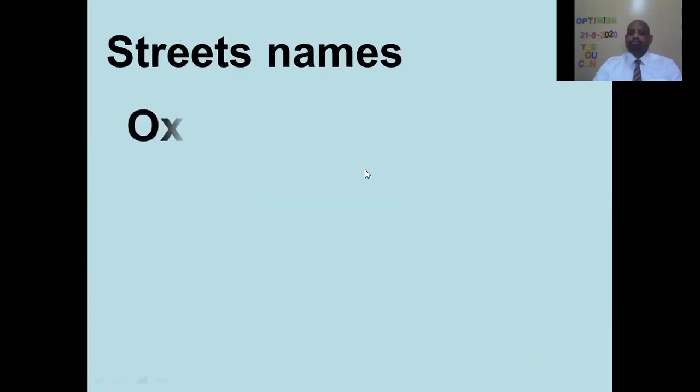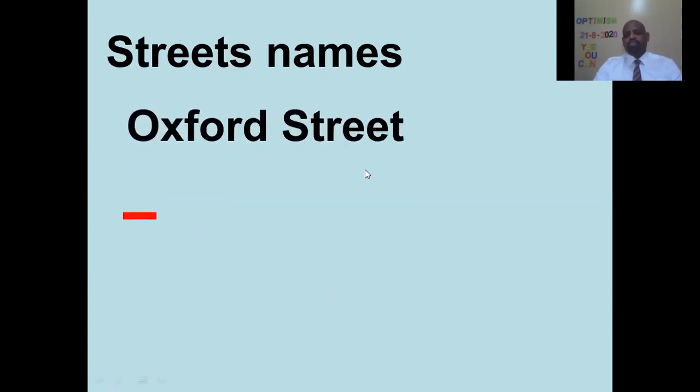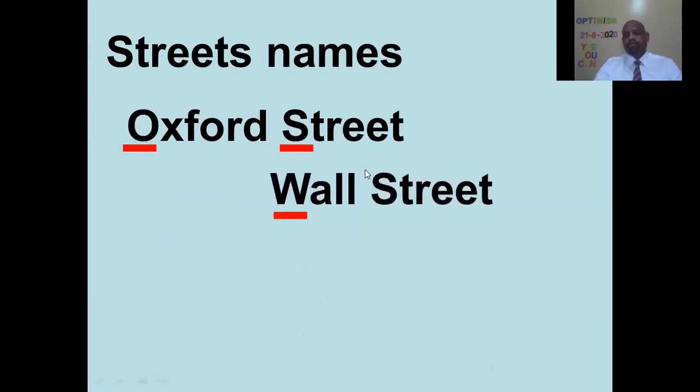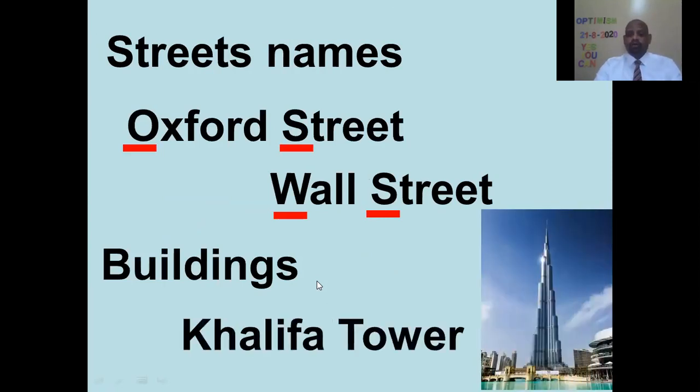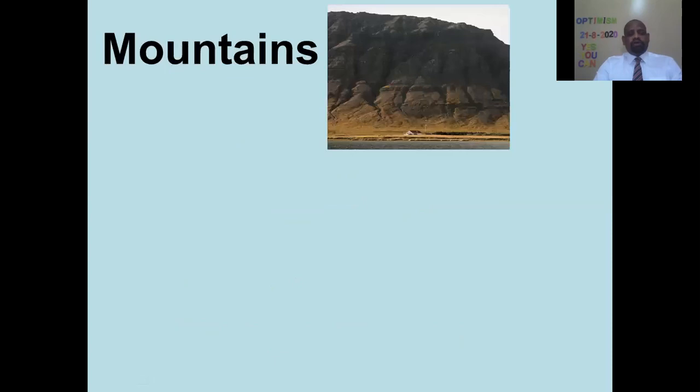Street names like Oxford Street, capital O, capital S, Wall Street, capital W, capital S. Building names like Khalifa Tower here in Dubai. That's good.